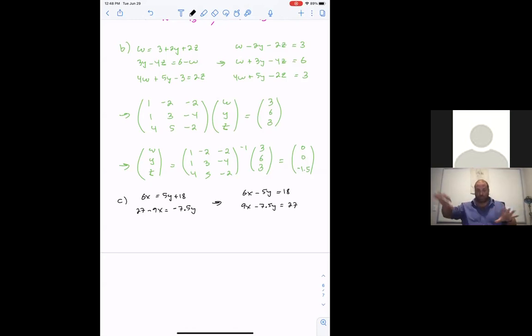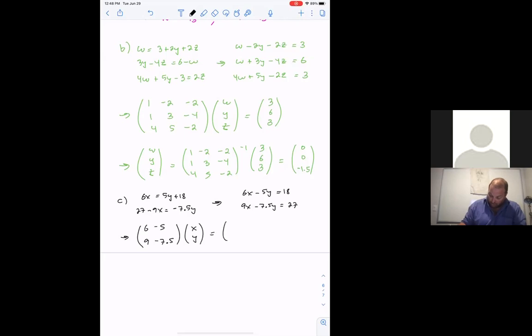Notice how I brought 9x to the right, but then wrote them in the opposite order. And this gives me the matrix [6, -5; 9, -7.5] times [x; y] is equal to [18; 27]. So what is xy?